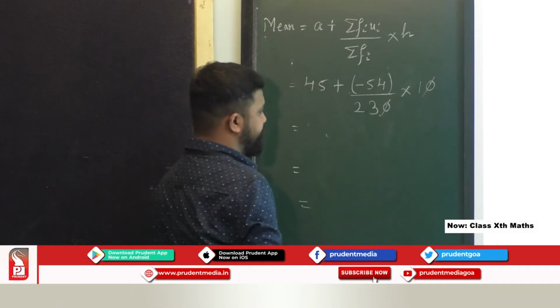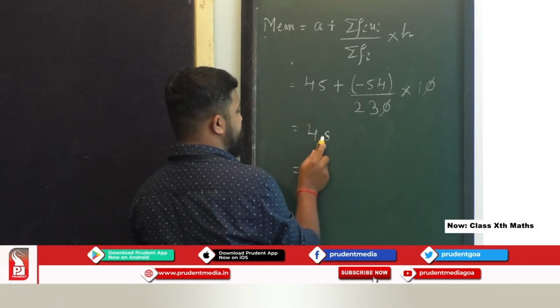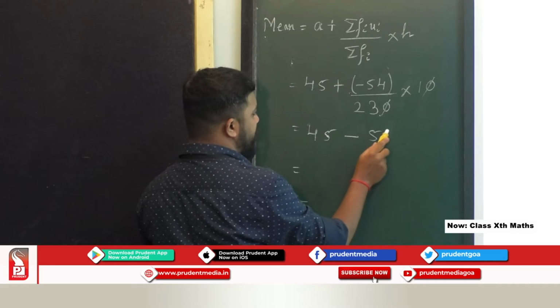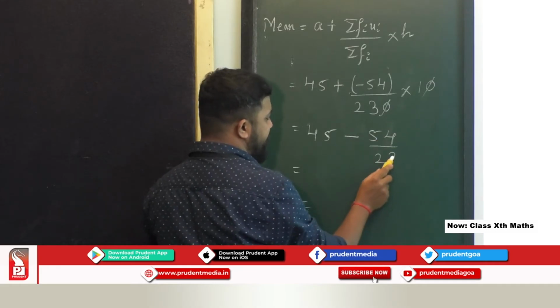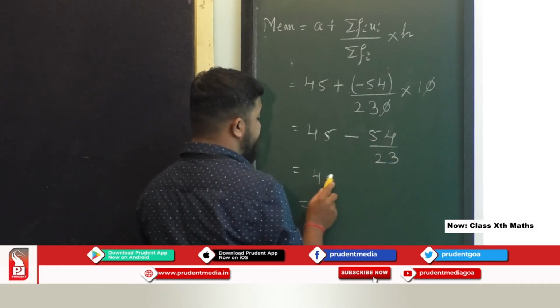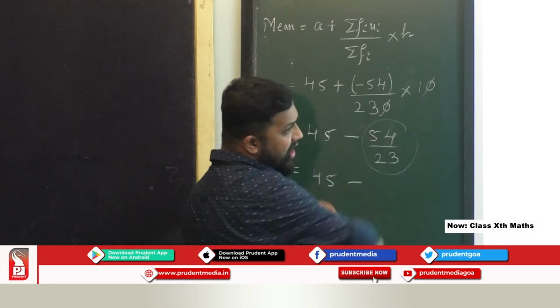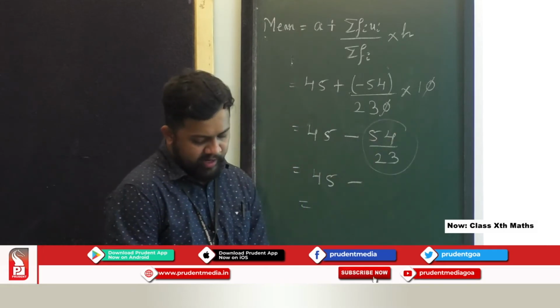Cancel this 0. So 45 minus 54 divided by 23.